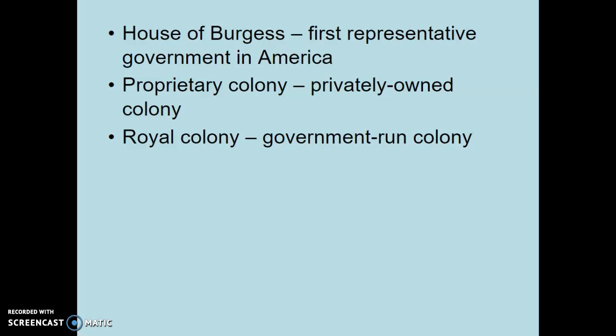Remember the Lords Proprietors, there were 8 dudes that owned it and collected all the taxes off of it. They made a lot of money off this. But eventually most of the colonies transitioned to royal colonies where the king and parliament were collecting taxes off of us and using that money to do all kinds of things, mostly build a huge navy and protect their empire. So that's the end of this unit.